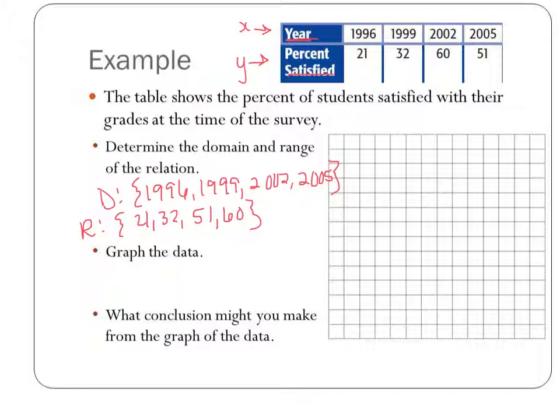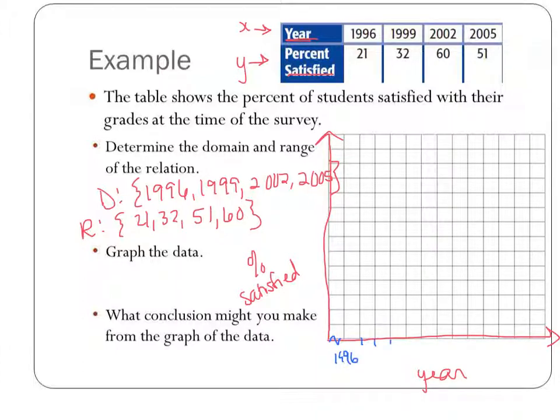Graph the data, okay? Everything here would be in the first quadrant, so I'm going to treat this just as the first quadrant. So I'm going to draw my axes here on the ends. And we're always going to label, so there's year, percent satisfied. Okay, year, tell you what, we're going to do the little break and start at 1996, that'd be 97, 98, 99, I'm just going to label 2000, 2001, 2002, 2003, 2004, 2005.